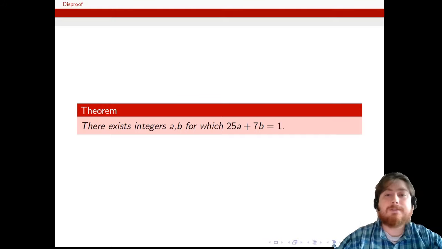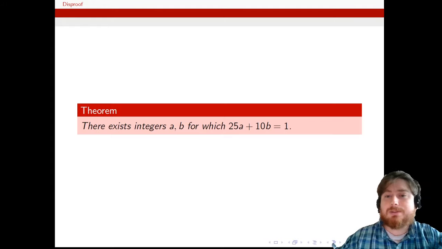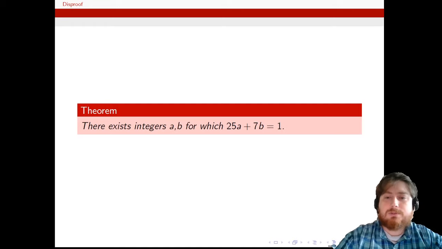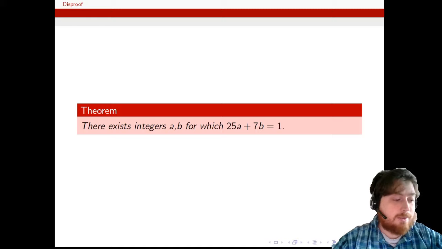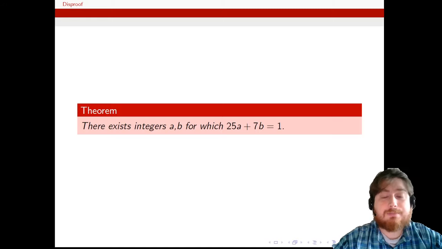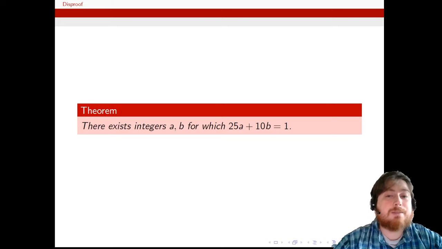All right. We're running low on time. I'm just going to point out I have 2 more examples here. If I want to say there exist integers a and b for which 25a plus 7b is equal to 1, I'd have to find an example, or I'd have to show it does not exist. And for this other one, I'd either have to find an example or show that it's not possible.